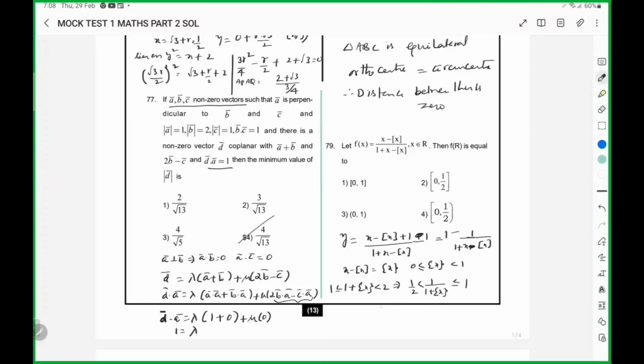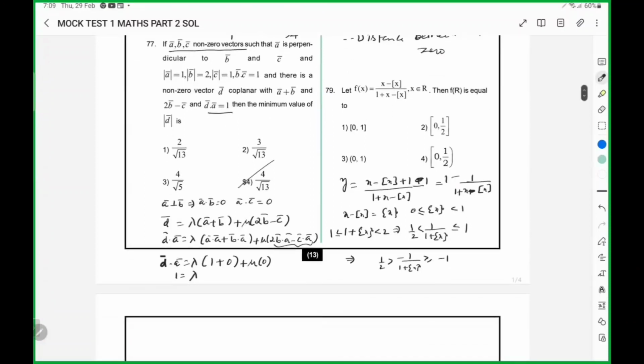Which implies minus 1 by 1 plus fractional part of x is greater than minus 1, adding 1. Here the minimum is 0 and the maximum is 1.